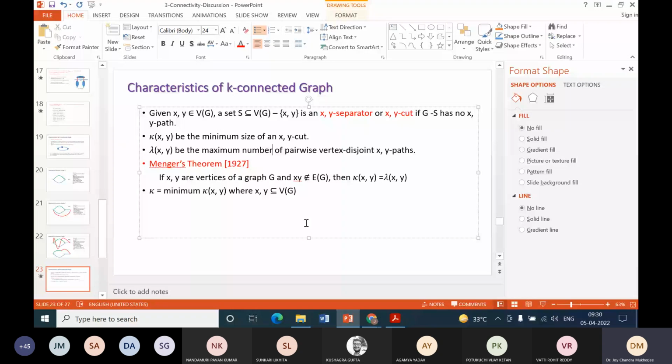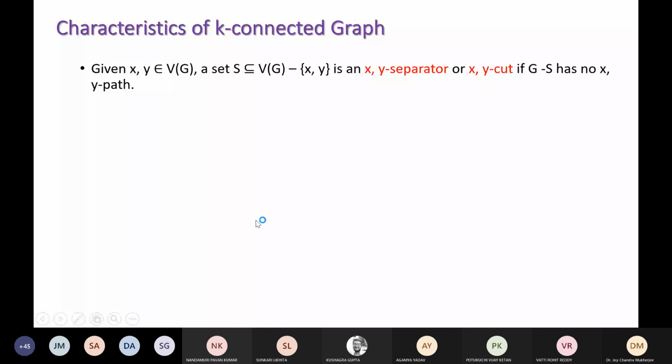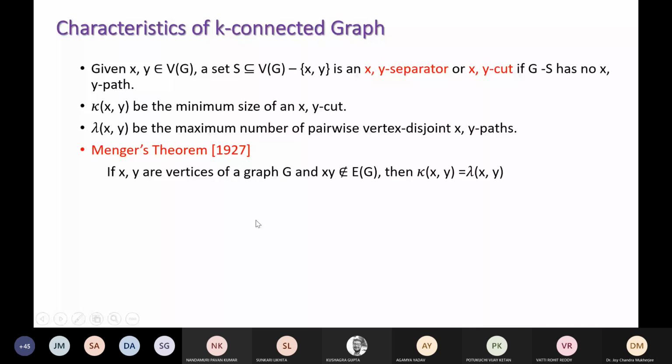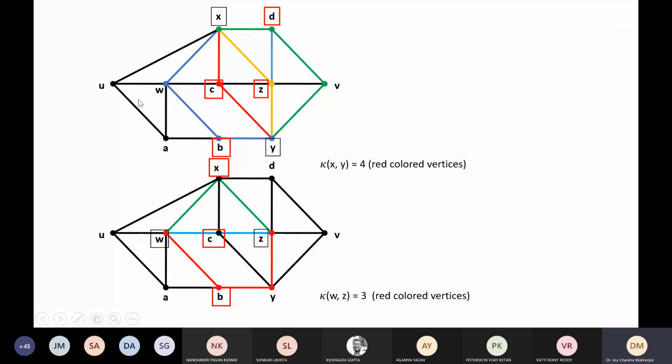Okay. So say for example, जैसे यहाँ पे देखो kappa XY equal to 4. So this is X, this is Y. So यहाँ पे 4 disjoint path मुझे मिलेंगे. So the value of lambda will be 4. One is the green path, then second is this orange path, third is this red path, and fourth is this blue path.